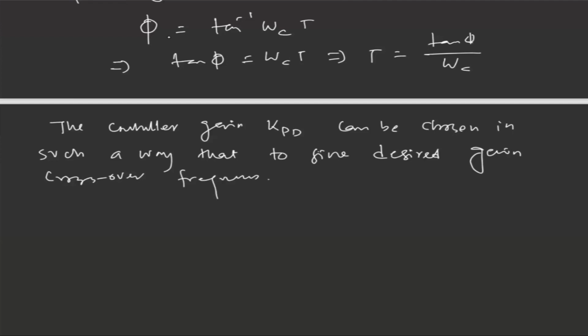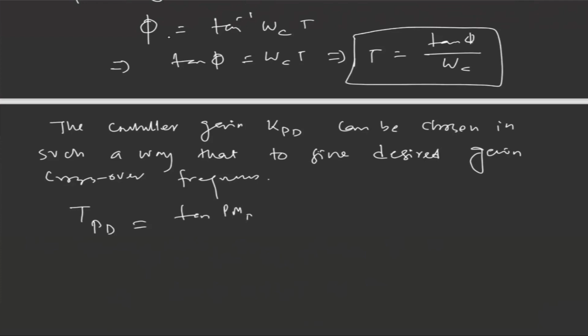For this purpose, in the PD controller design, we can write T_PD from this expression equal to tan PM_P, which you have already found, divided by omega z.